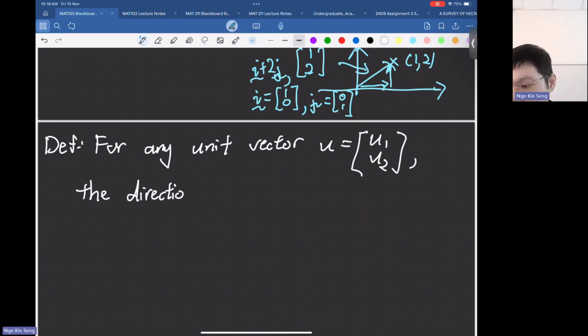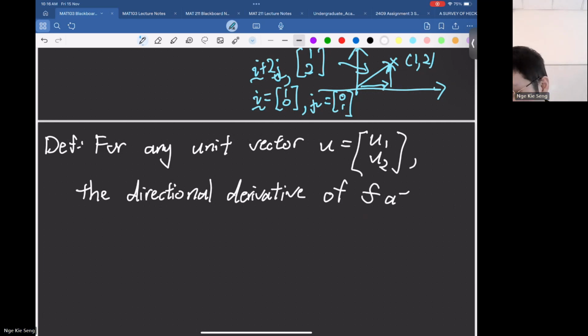Meaning this derivative comes with direction, not just x and y. We consider all sorts of other directions at p in the direction of u.